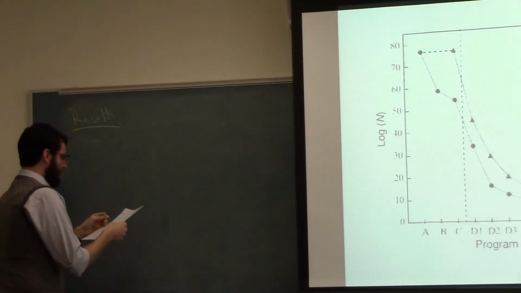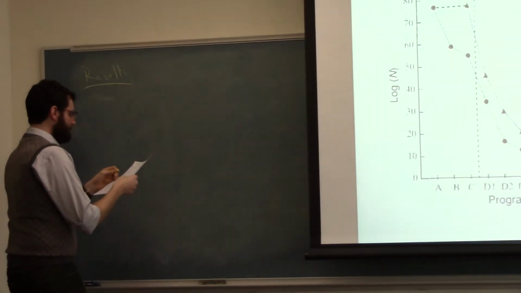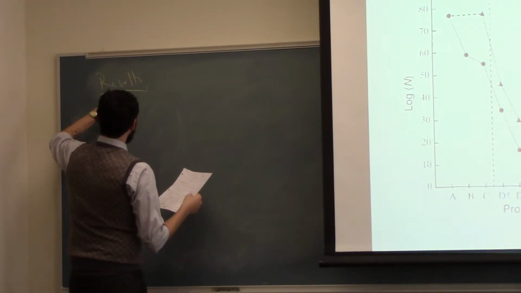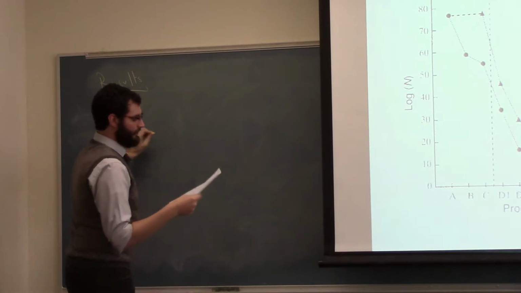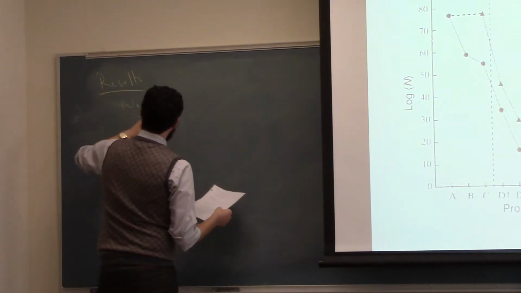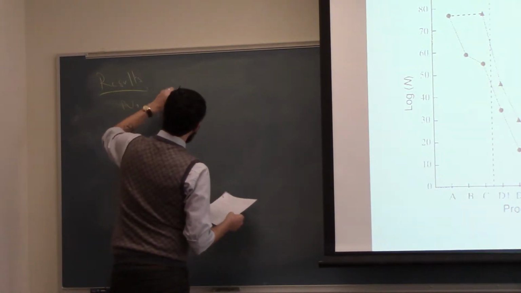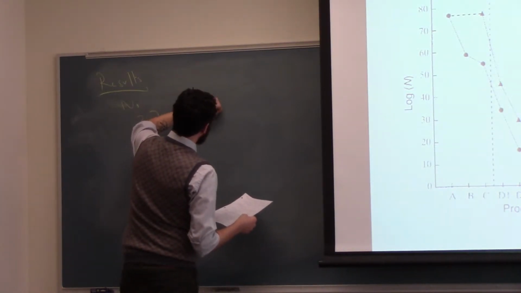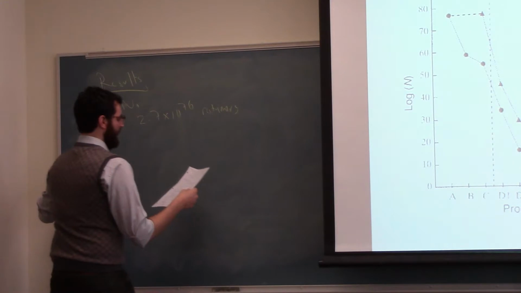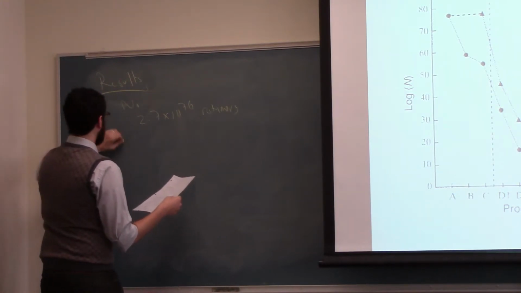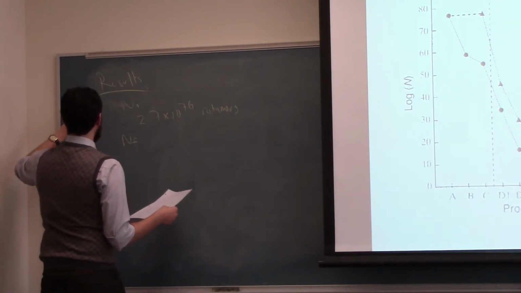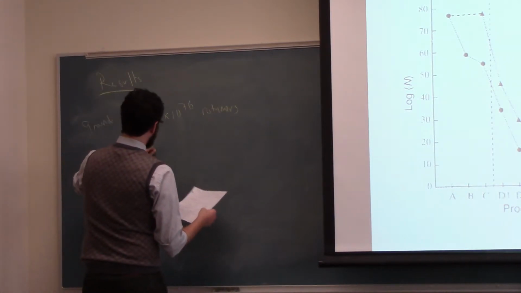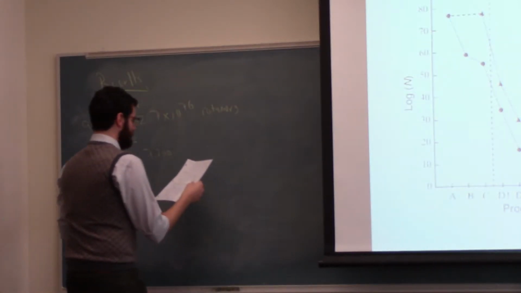Okay, so let's see. So they started off, we'll call that n naught, with 2.7 times 10 to the 76 rotamers. After 9 rounds, they had 7,200.